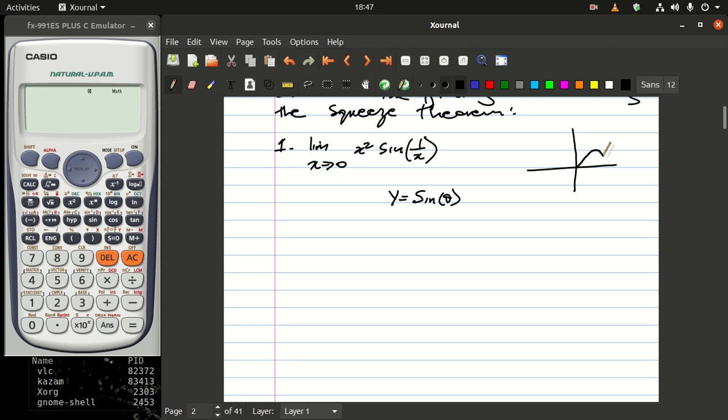It goes up, it comes down, it goes down, it comes up, it comes down, and this value here is 1, and this value here is going to be -1.